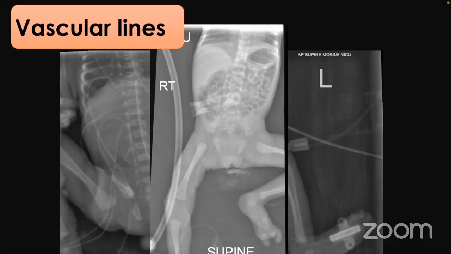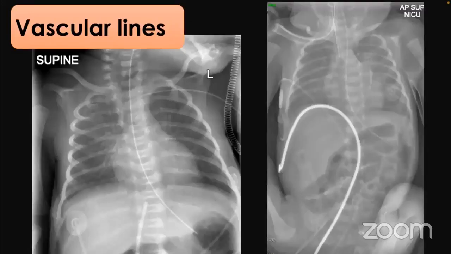Another vascular line inserted from the right side, and the tip is seen at a low position. Another central line here as well.